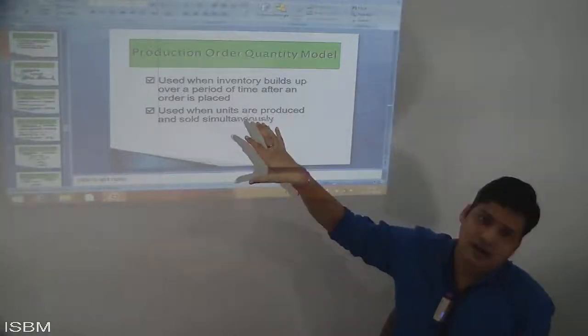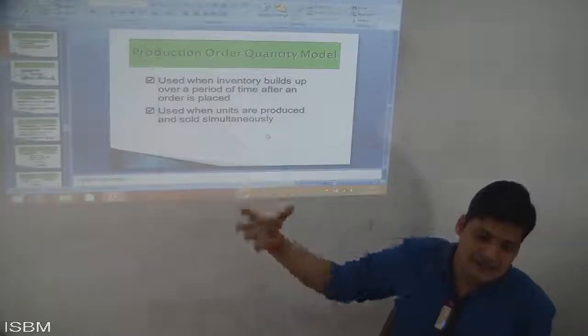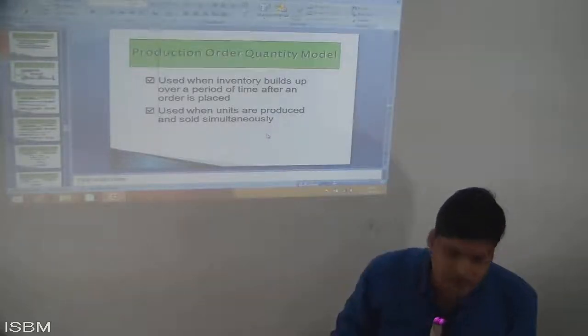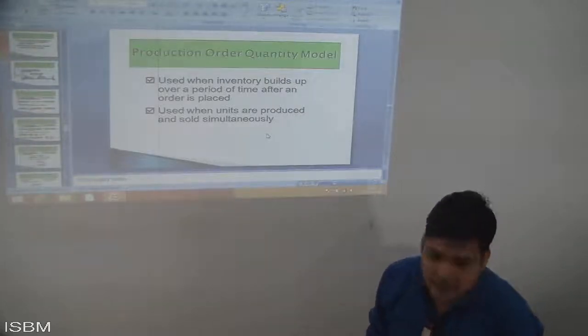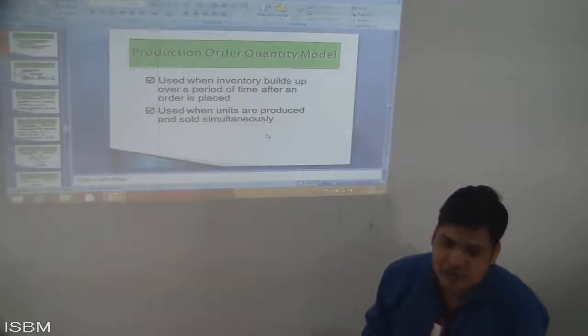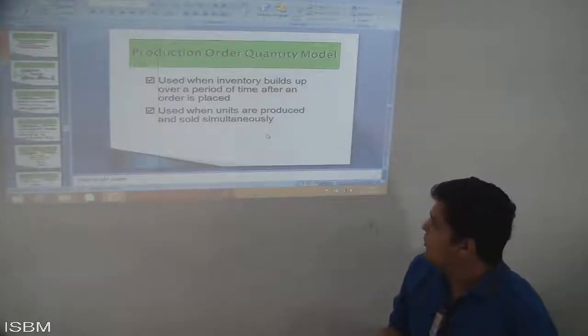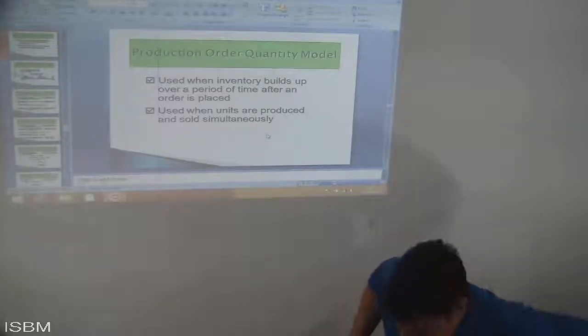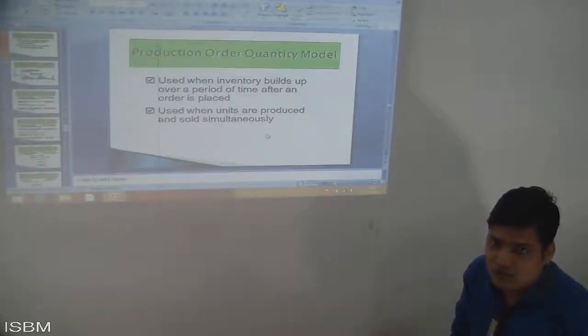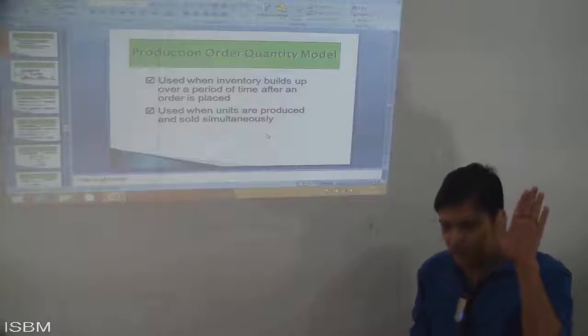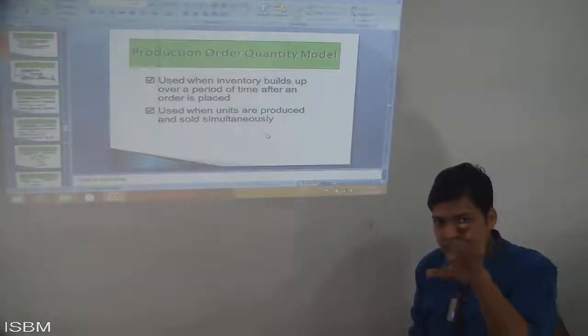So basically in inventory, these kinds of questions may come. My mentor said you have to learn this economic order quantity, what exactly it is and how we calculate it. Then again the total cost, how we calculate the total cost. Total cost is nothing but your setup cost plus holding cost.